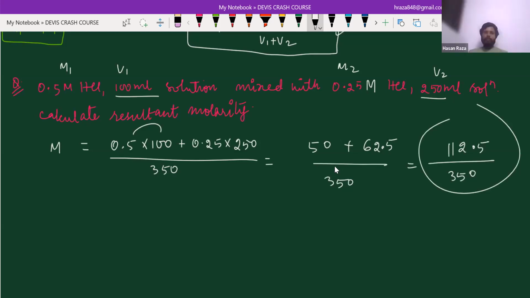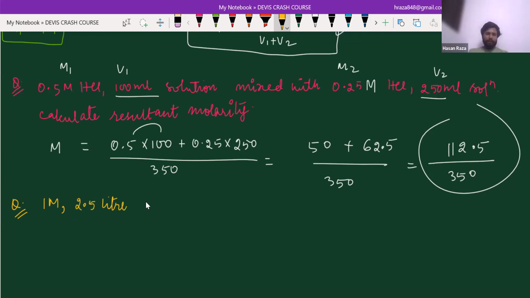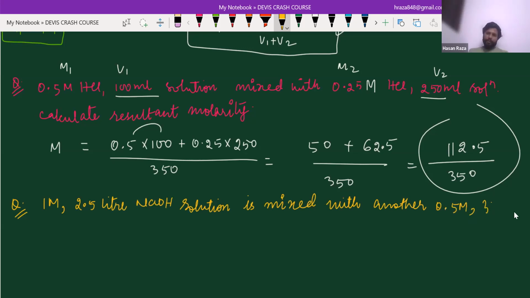Now I'm going to give you another question on the same. That is basically: 1 molarity, 2.5 liters NaOH solution is mixed with another 0.5 M, 3 liter NaOH solution.